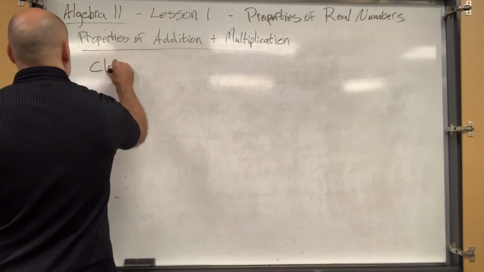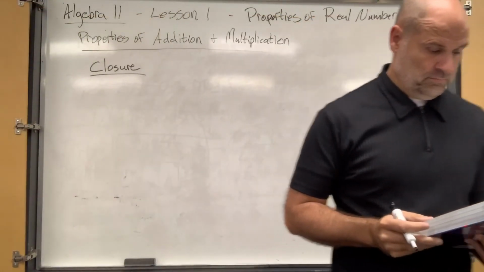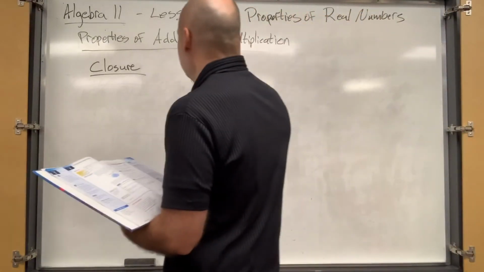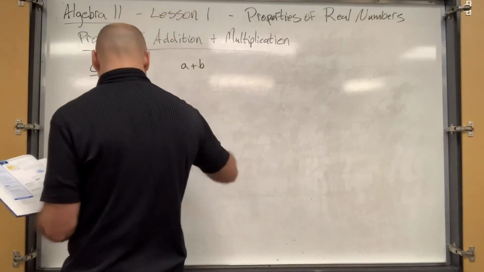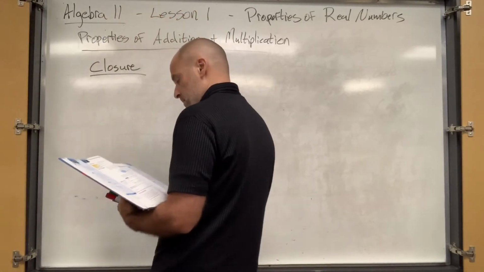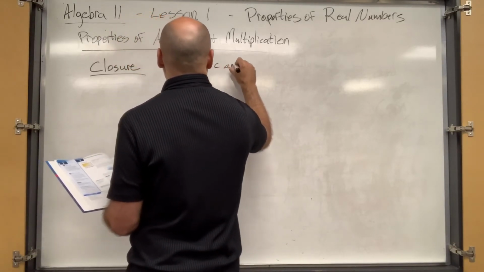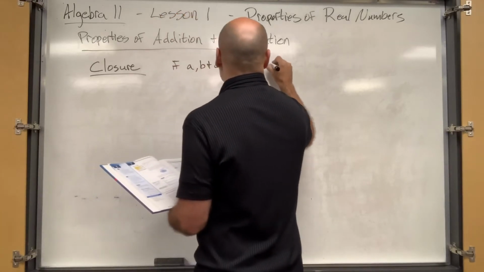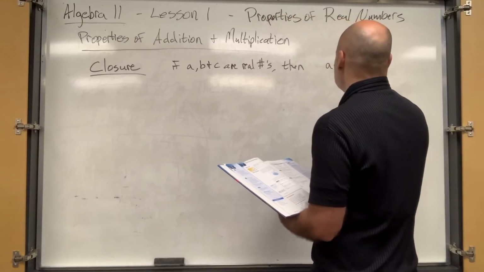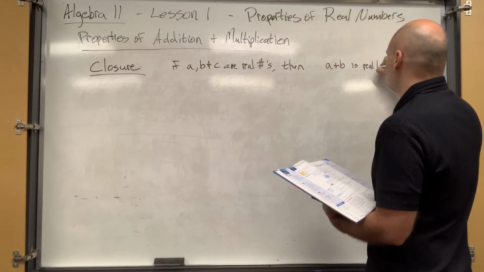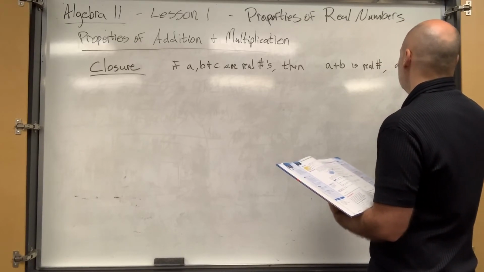This is called the closure property. This is a new one. This just says, if A, B, and C are real numbers, then A plus B is also a real number, and A times B is a real number.